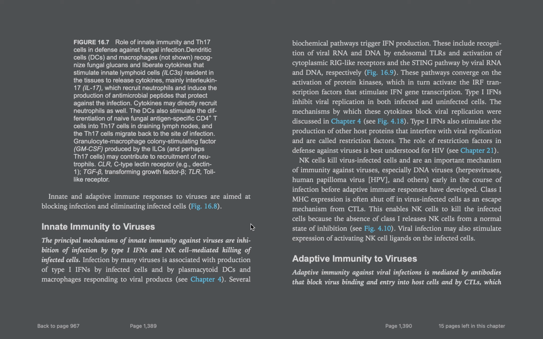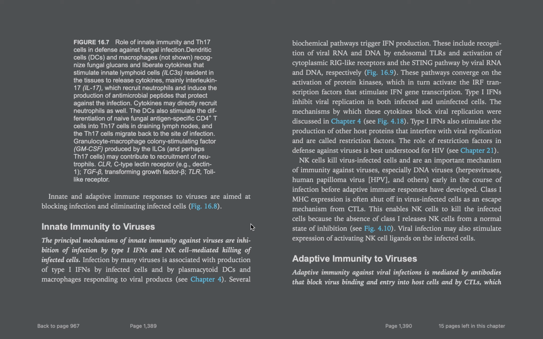Natural killer cells kill virus-infected cells and are an important mechanism of immunity against viruses, especially DNA viruses, herpes viruses, human papilloma viruses, and others, early in the course of the infection before adaptive immune responses have developed.